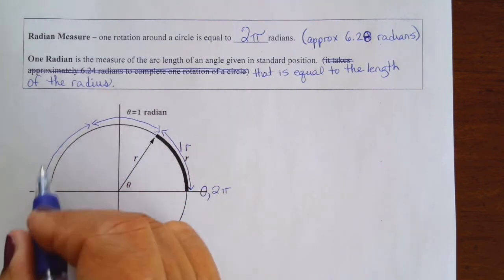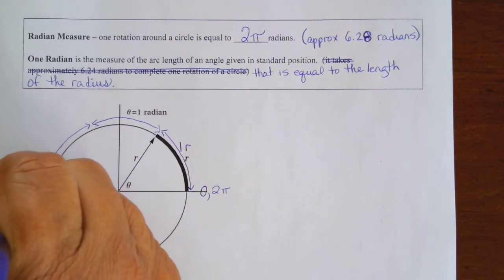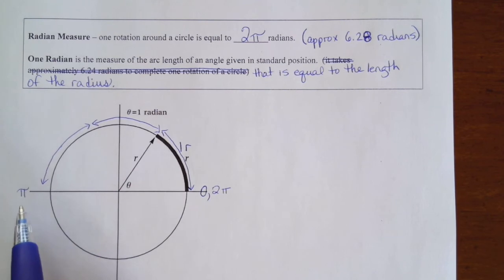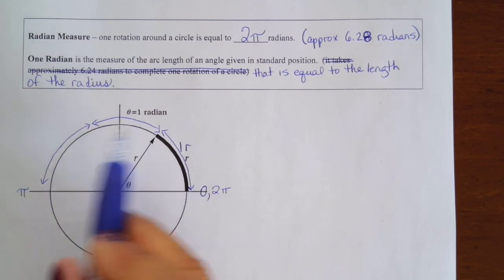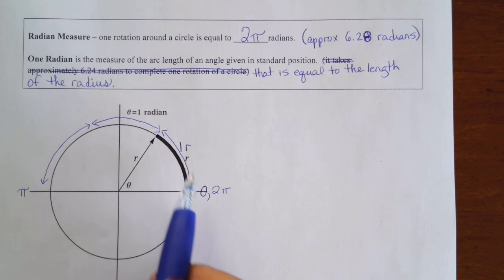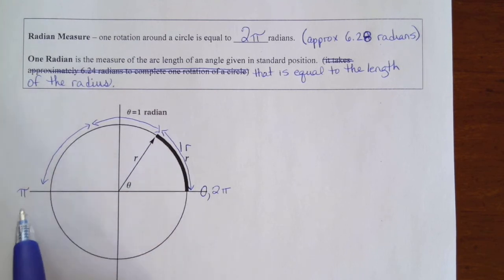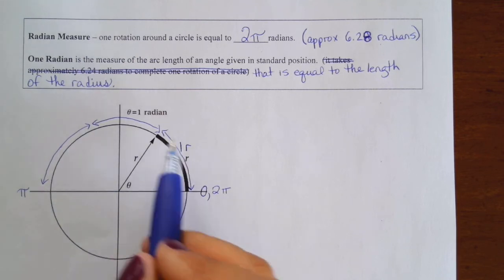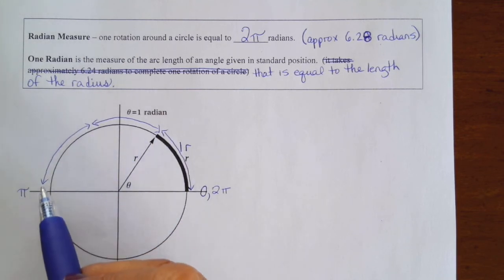If I only go halfway around the circle, hopefully you would agree that that's 1 pi. If I measure the outside of the circle halfway around, I will get 3.14. So 3 radians would be just a little shy of that, 0.14 in here.